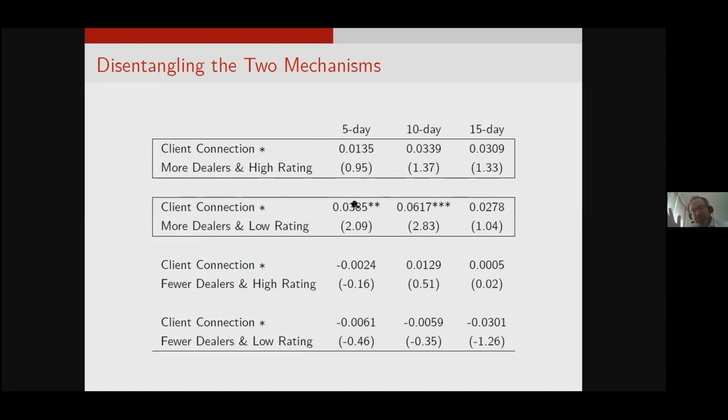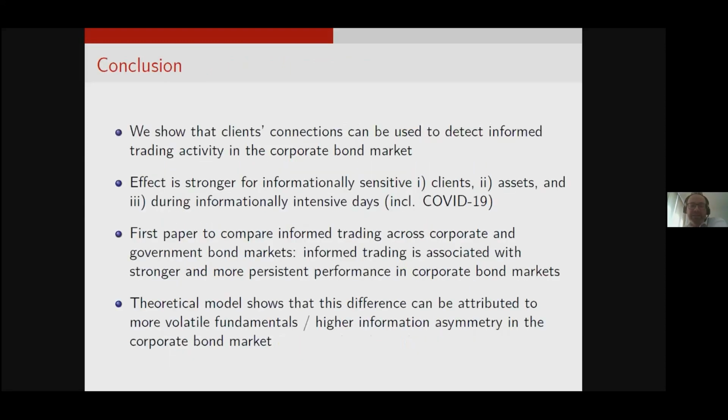So the intermediation, or market structure, explanation seems to be rejected by the data according to our results. In this exercise, we try to disentangle some of the plausible explanations behind this cross-market effect that we find when we compare connection effects across government and corporate bond markets. And that exercise concludes the paper.